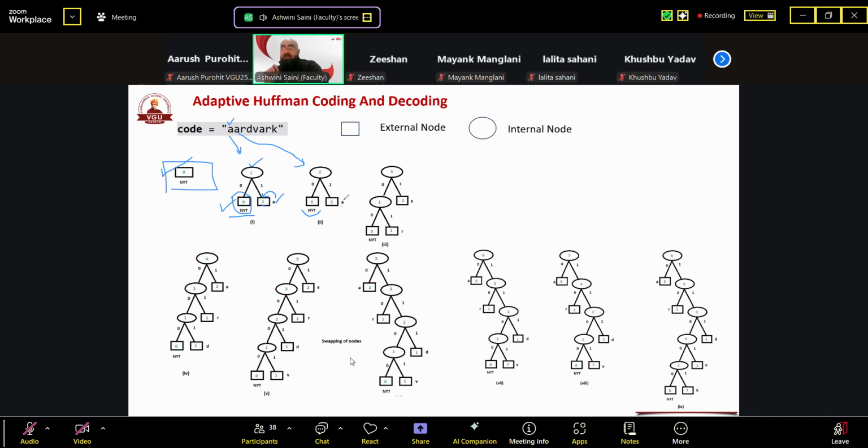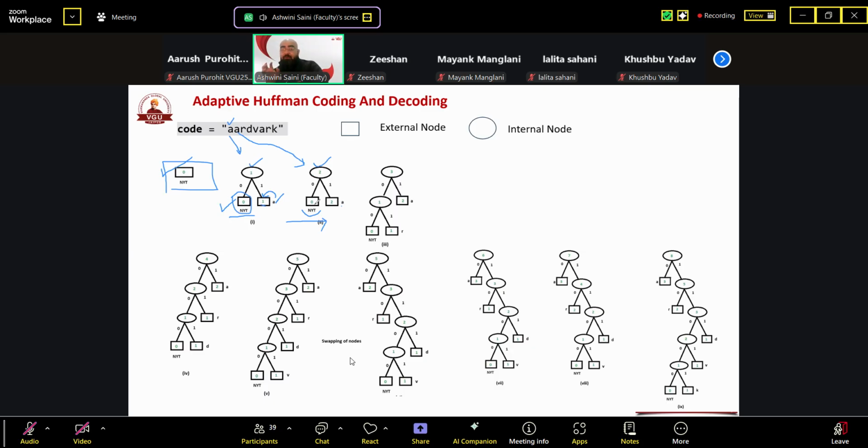Now A has weight 2, as we have a new A in the tree. Checking that Huffman is satisfied, this node has weight 0 and this node has weight 2. There is no issue. So we update the calculation: the new weight of the root node is 2, the total of 0 and 2. Any doubt?